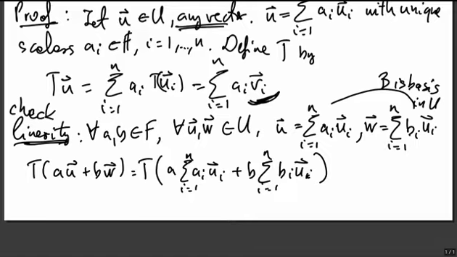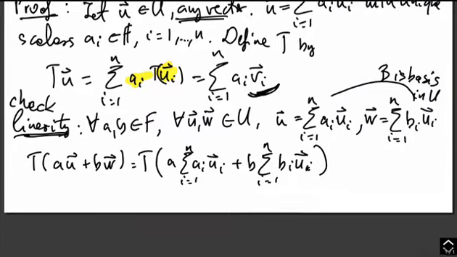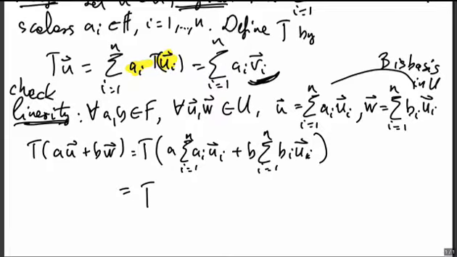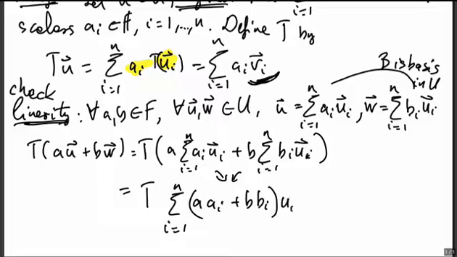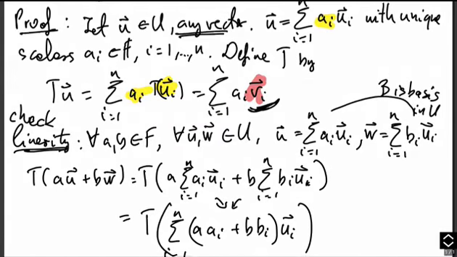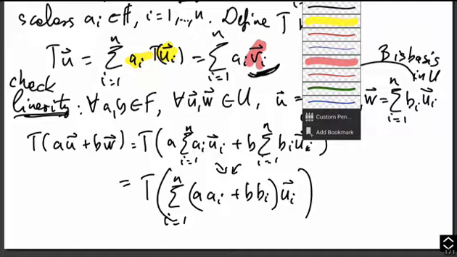The definition of T is using the sum with the coefficients. So for this definition to work, we have to combine these two linear combinations into one linear combination. That will be the sum of (a ai plus b bi) multiplying the ui vectors. And once we have that, then we get this definition with the v vectors.